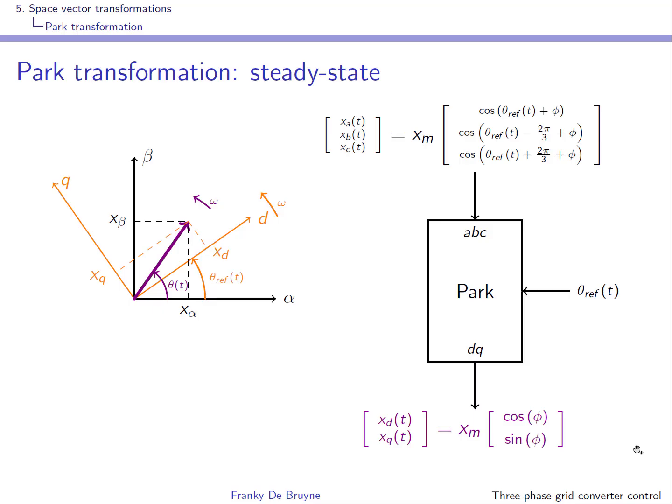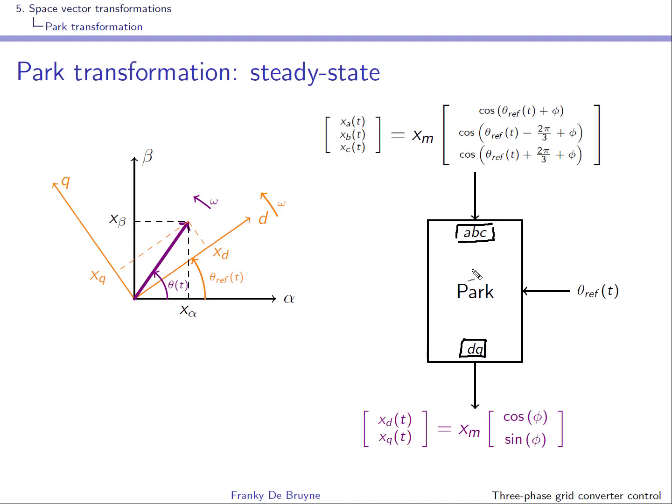So here we consider the Park transformation in steady state. So the Park transformation takes the three signals, or the three phases A, B, C in this fixed reference frame, and transforms them to the dq components, and there are two of them in this rotating frame.